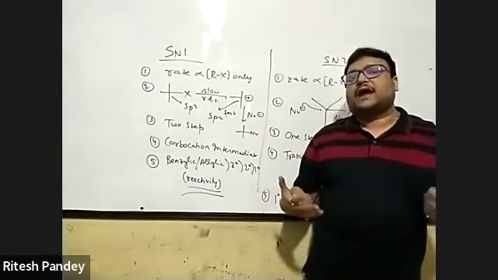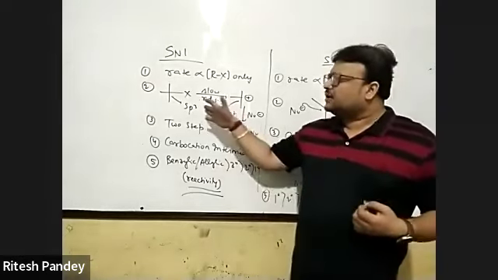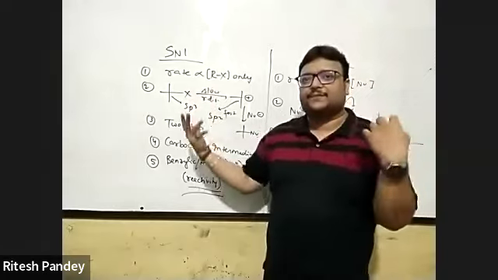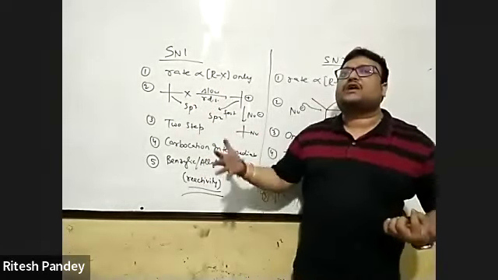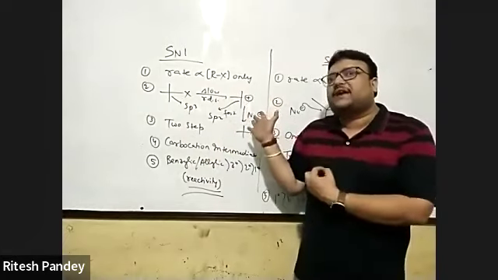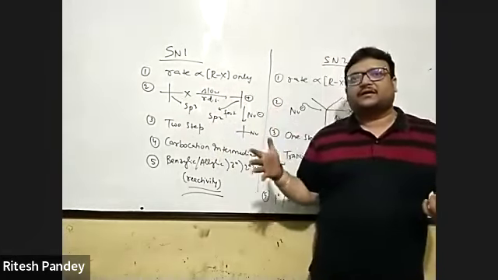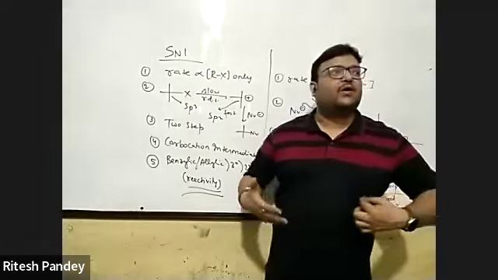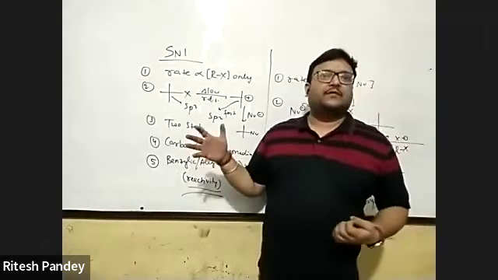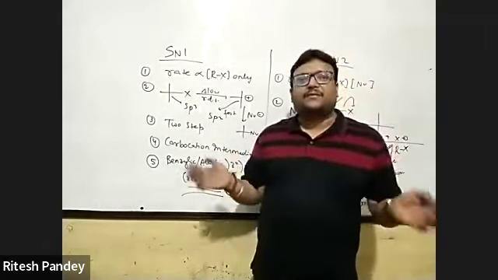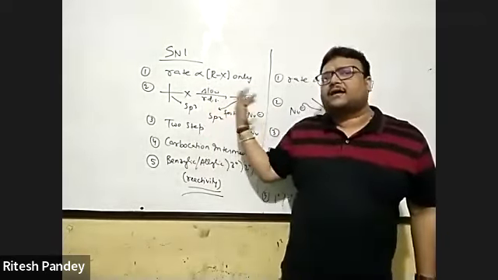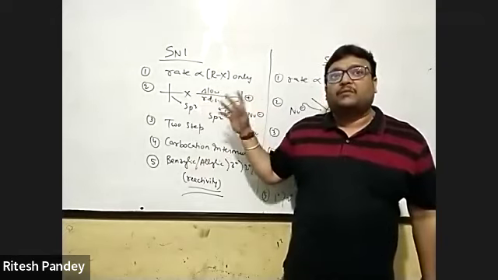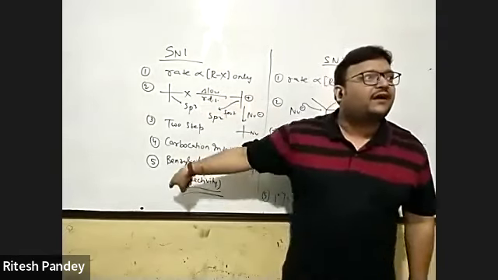And this relief from crowding, this tendency to attain sp2 nature from sp3, this relief from crowding and this relief which it will gain by outstretching its arms, going sp2 from sp3, don't you think this desire or this requirement will be maximum in the one which is maximum crowded?